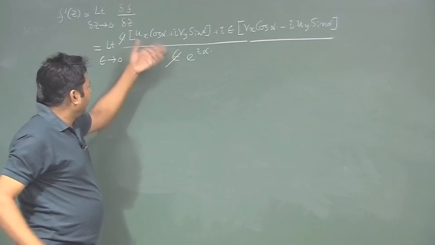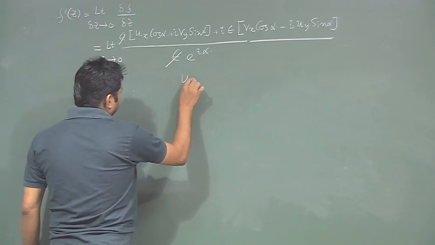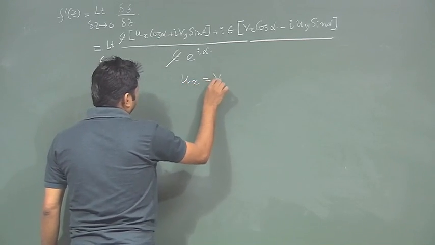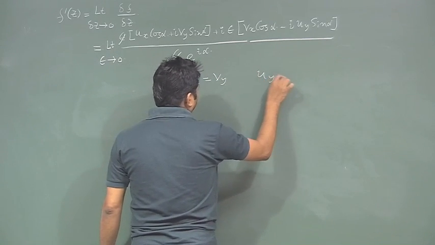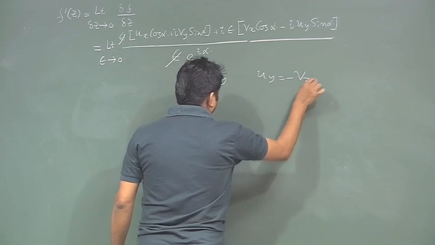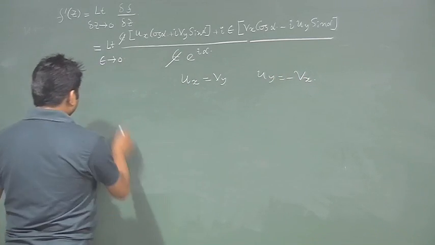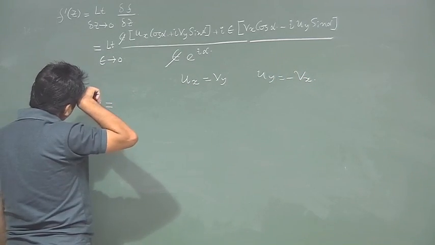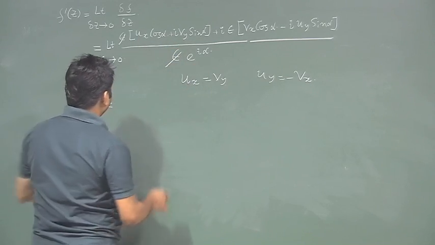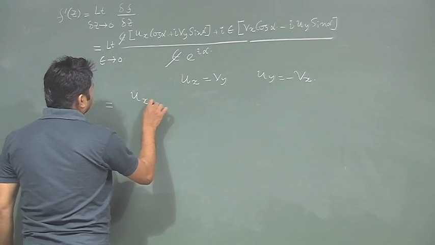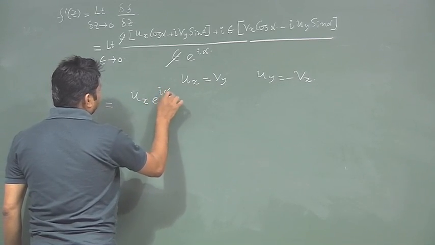Now, is it really possible to make this alpha independent? In fact, if you look carefully, when I put u_x equal to v_y and u_y equal to minus v_x, we will suddenly have something special here. I replace v_y with u_x, so I will have u_x times cos alpha plus i sin alpha, which is e to the power of i alpha.